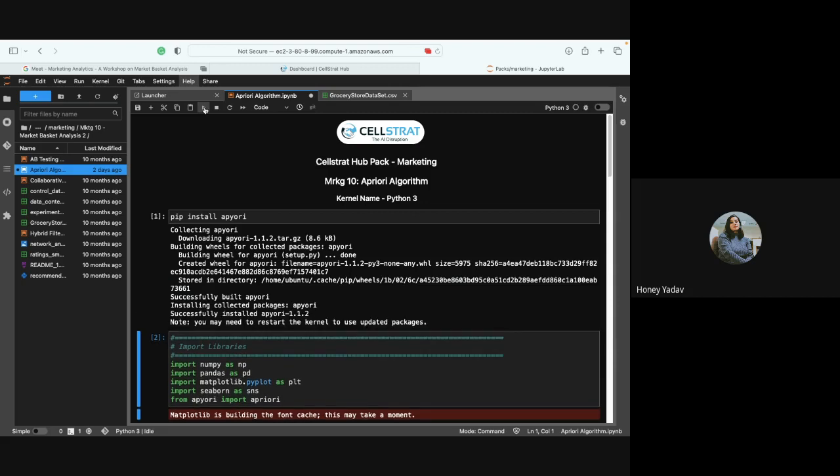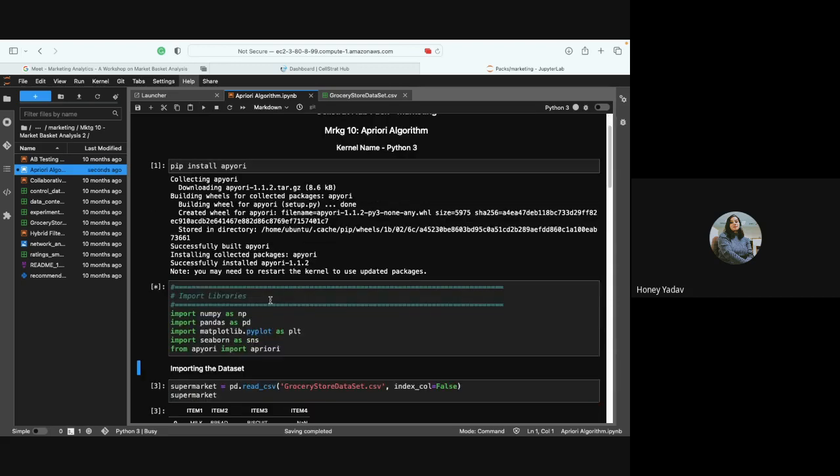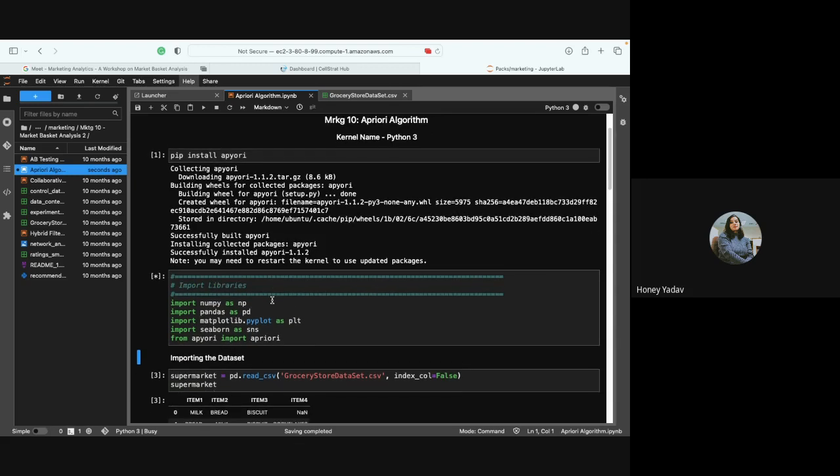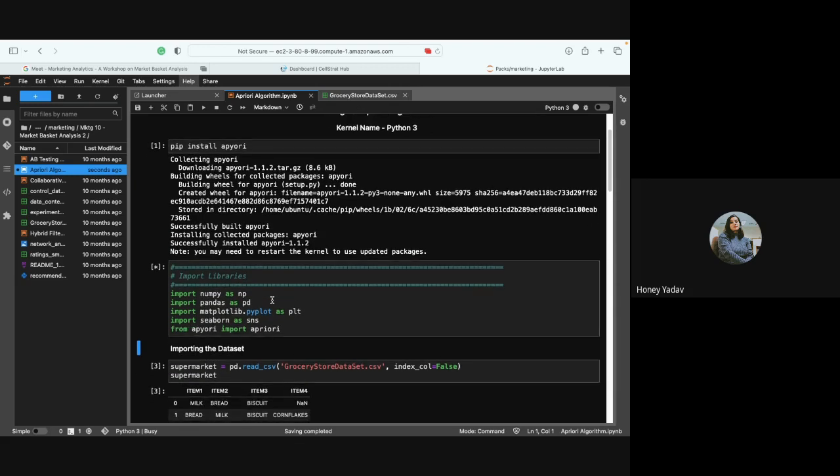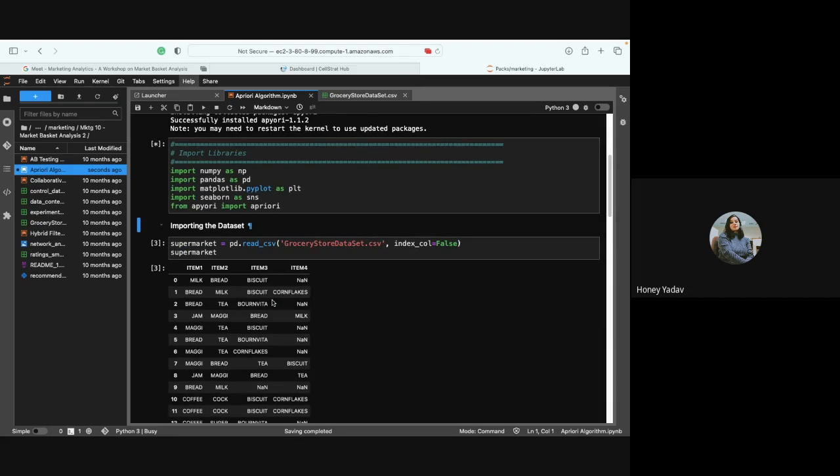And once it is done, the second step is to import all the other required libraries, that is NumPy, pandas, and others. It will take some time, but it will do it.